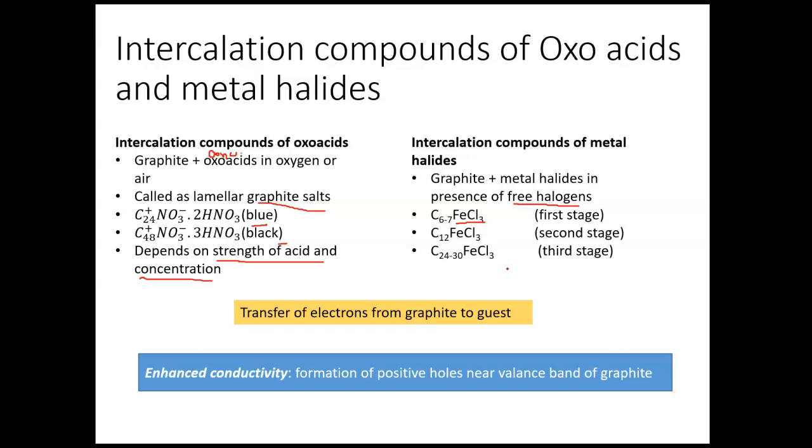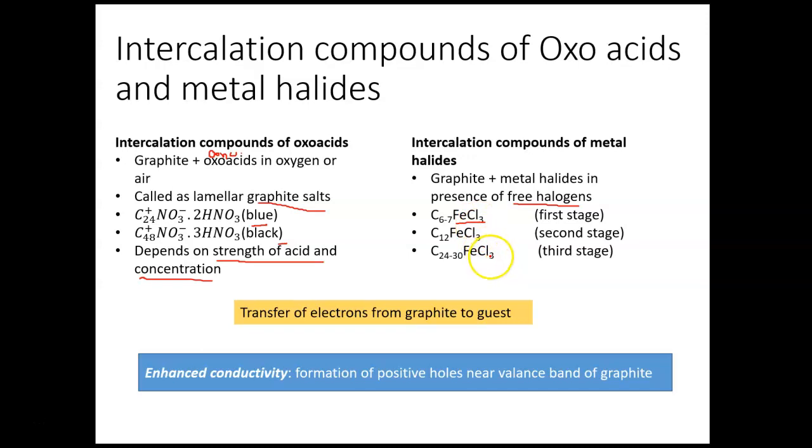In both of these cases, the intercalation compounds of oxoacids as well as metal halides, there appears to be a transfer of electrons from the host graphite. The electrons from the graphite will be transferred to the intercalated species.